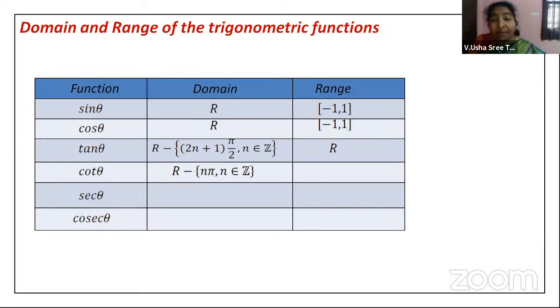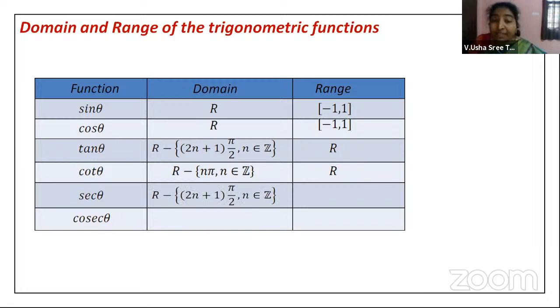So you have R minus n pi, where n belongs to Z. When you take this type of values in the domain, then the range will be all the real numbers. Then secant theta: you have observed that exactly at odd multiples of 90, the function is taking an undefined value.